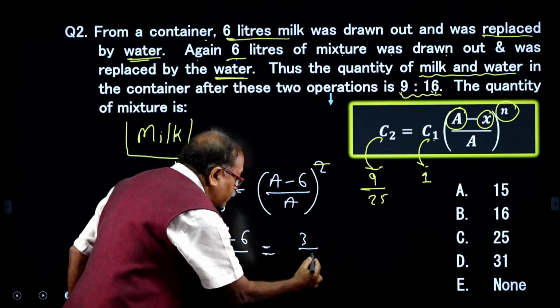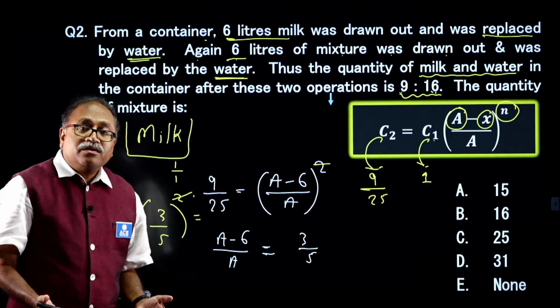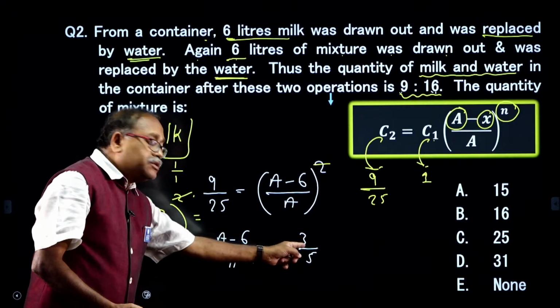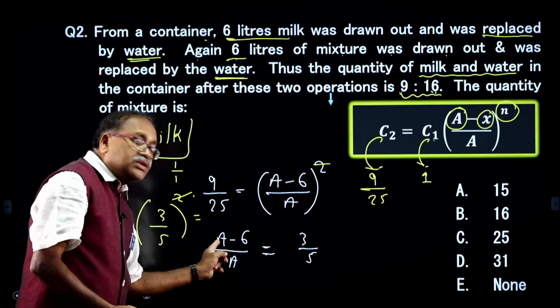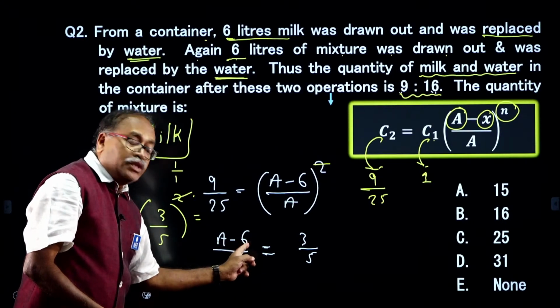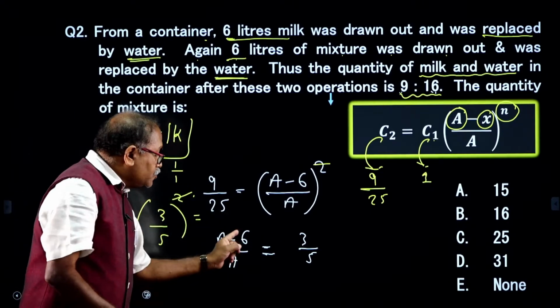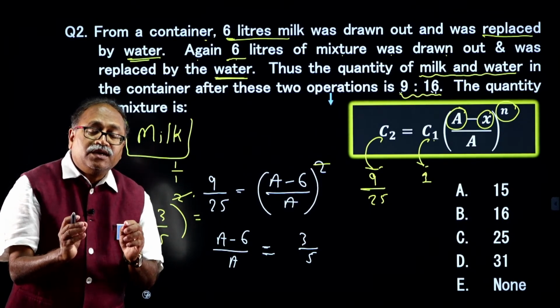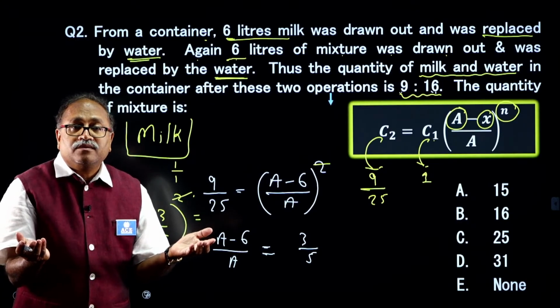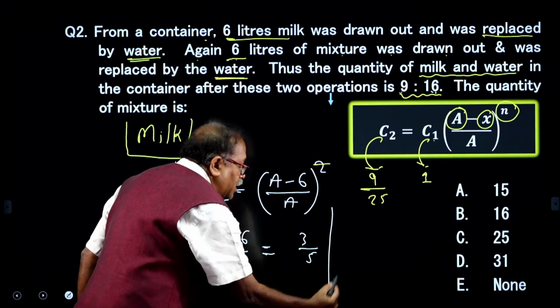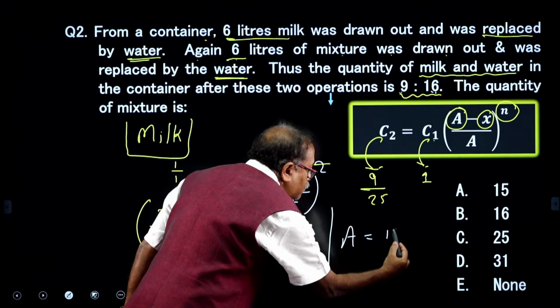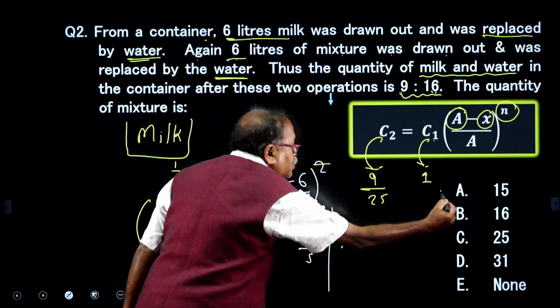So, what happens, this 3A and this is 5A and 30. 3A and 5A, the difference is 2A, and 2A is equal to 30, then A is equal to 15, that is all. So, my answer to this, A is equal to 15, option choice A.